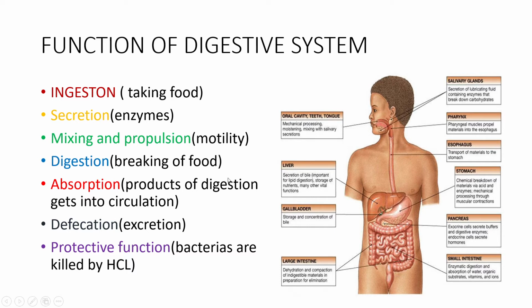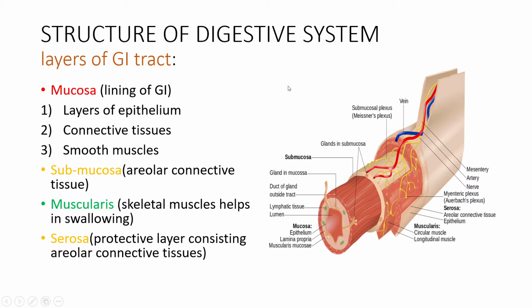I have given here a picture which gives a brief description of the different organs involved in the digestive system. Now the next part is the structure of the digestive system.